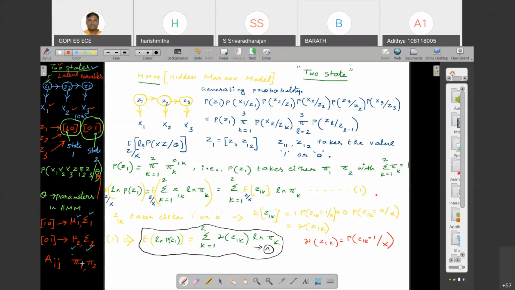If I have only 2 states, we have pi 1 and pi 2. I am talking about the first vector alone, because the first vector needs to be generated from either state 1 or state 2. The probability that it is generated with state 1 or state 2 is given by pi 1 and pi 2.